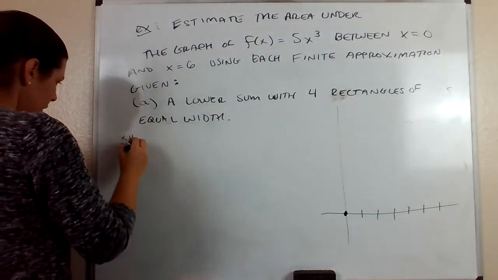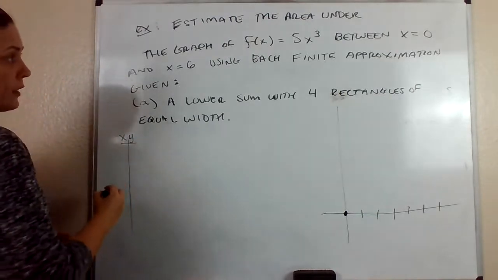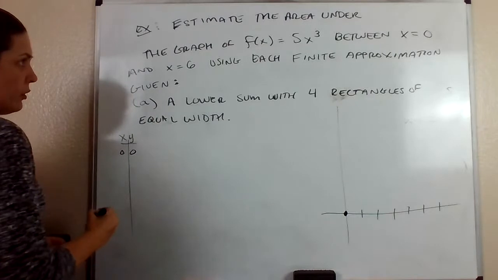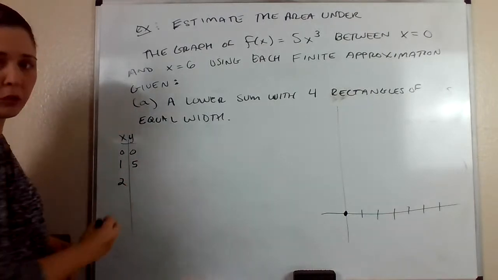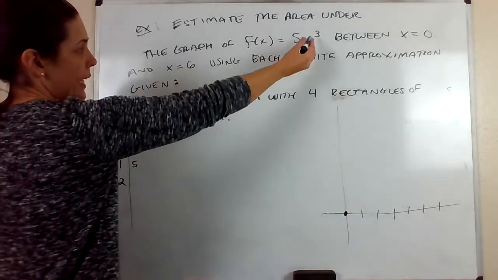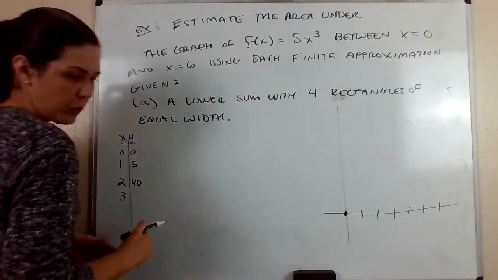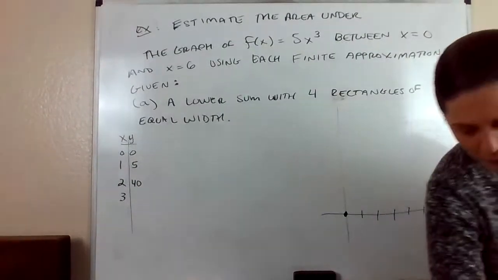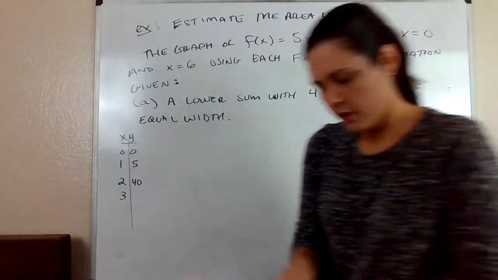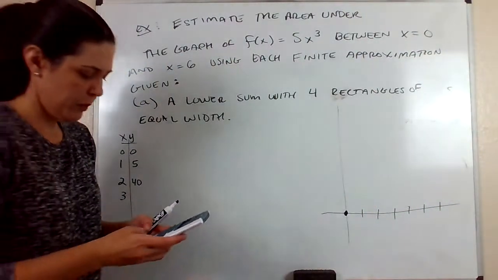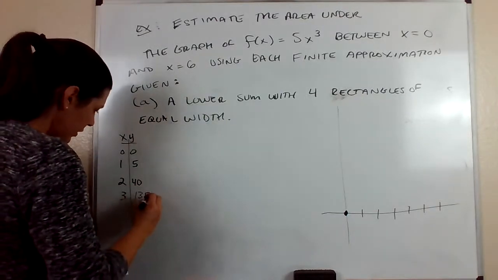So x and y, I'm just going to do this for a few points. 0 gave us 0. 1 is going to give us 5. If I plug in 2, 2 cubed is 8, and 8 times 5 is 40. 3 cubed is 27. Okay, I'm going to stop doing this part in my head. Let's use the calculator for these larger numbers. 27 times 5 is 135.